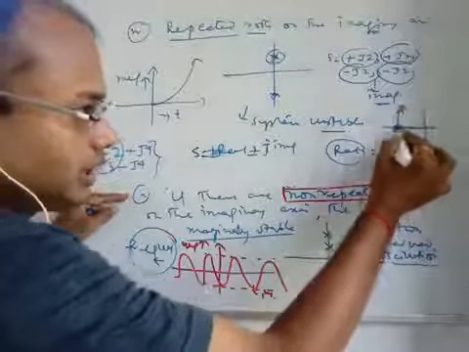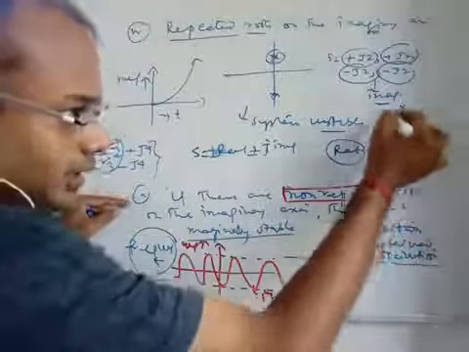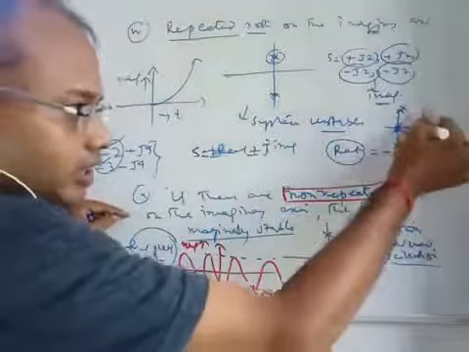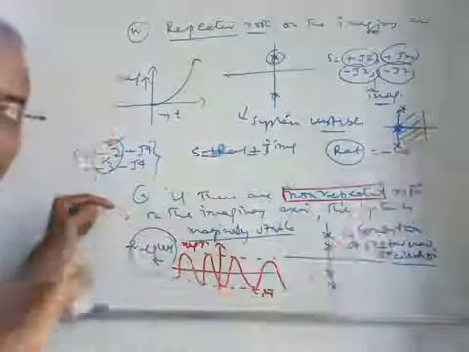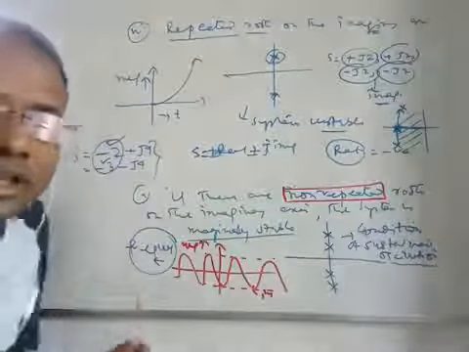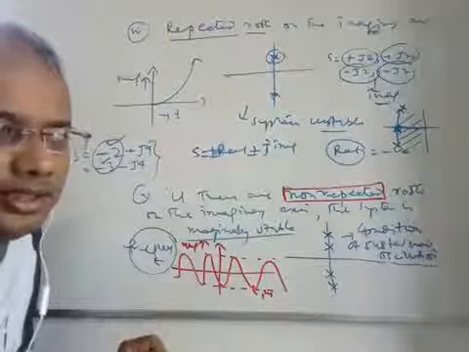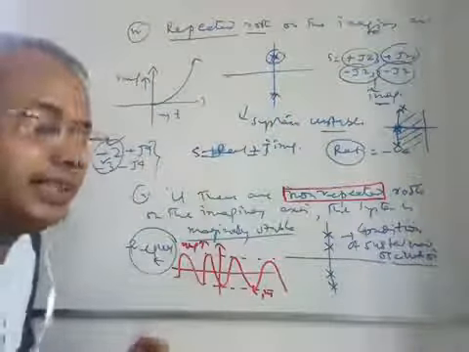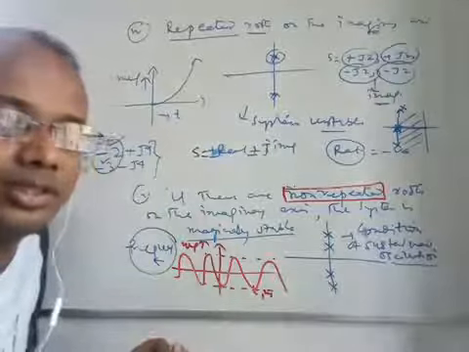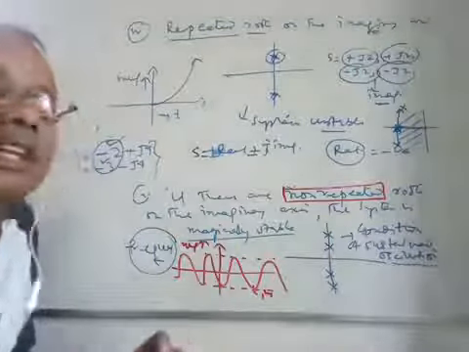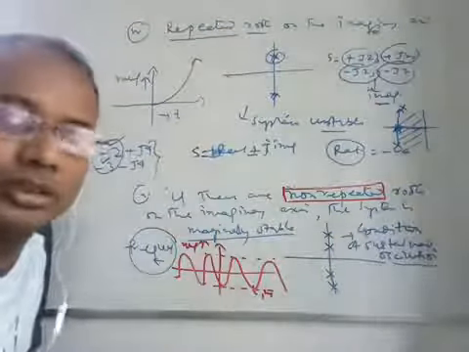These are the locations. In both cases they are lying on the left hand side of the s-plane. So if the value of s has a negative real part, with the imaginary value positive or negative, it must be lying on the left hand side of the s-plane, so the system will be stable.